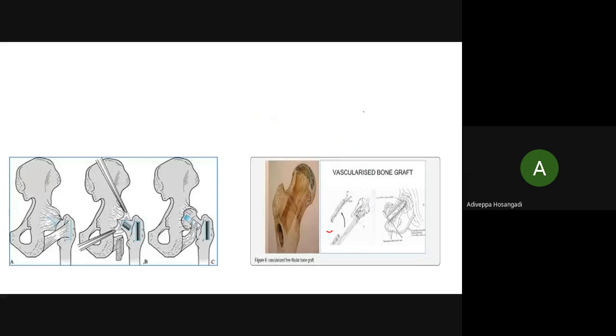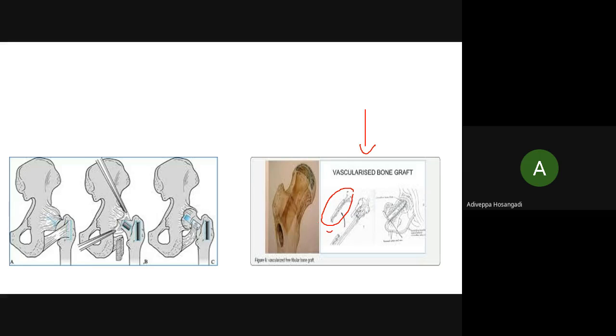This is one more diagram I wanted to show you. Another option of treating avascular necrosis is you drill a hole here, from the lateral side of the femoral cortex. You make it hollow, so you reduce the intraosseous pressure, but this will collapse. To avoid that, you put a fibula.